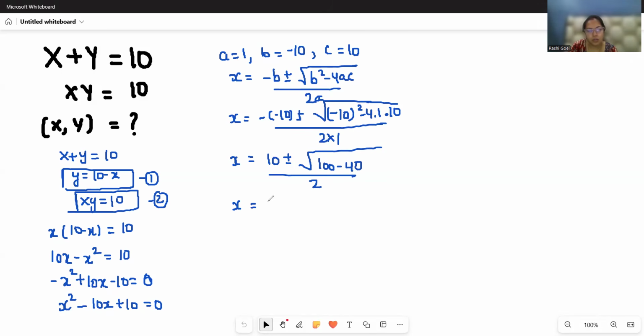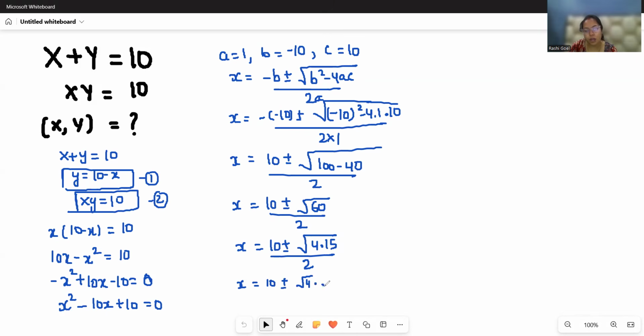So x is equal to 10 plus minus under root 60 by 2. So x is equal to 10 plus minus under root 60. I can write it as 4 times 15 by 2. So x is equal to 10 plus minus root 4 times root 15 by 2.